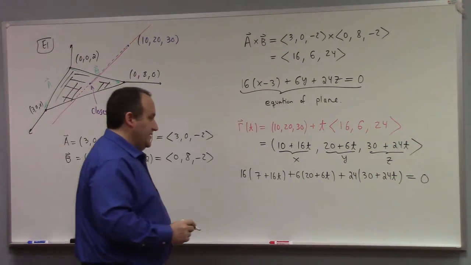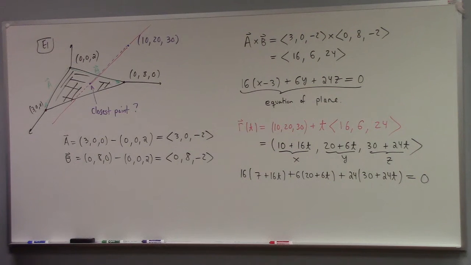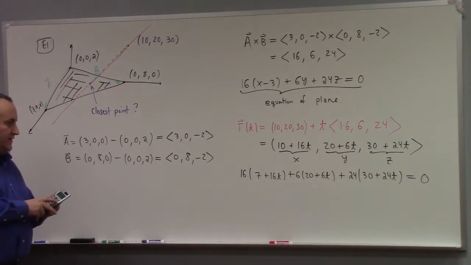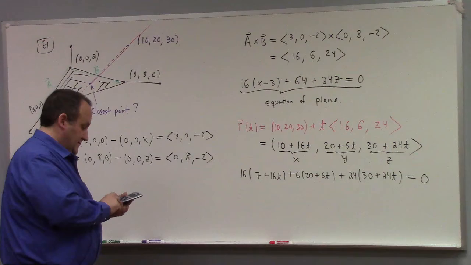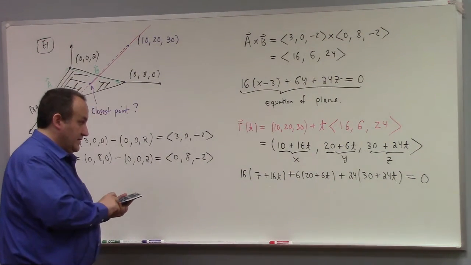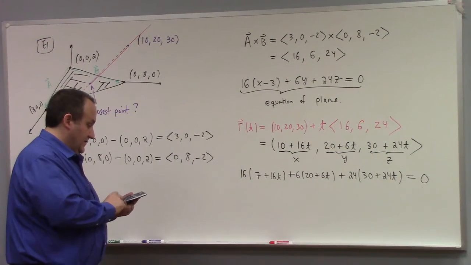But hey, we can solve for t, right? We got 16 times 16 plus 36 plus 24 squared.